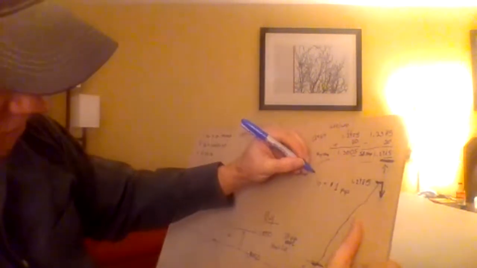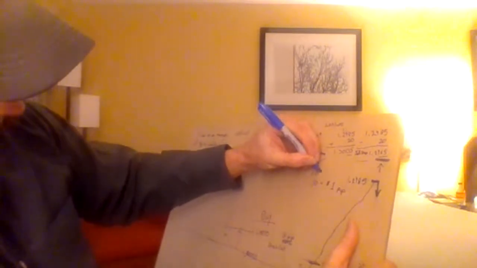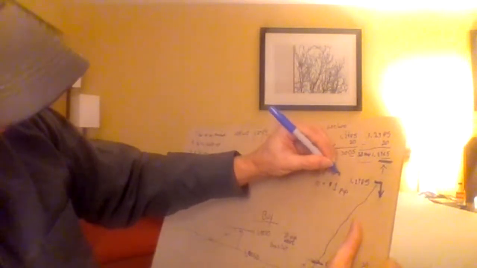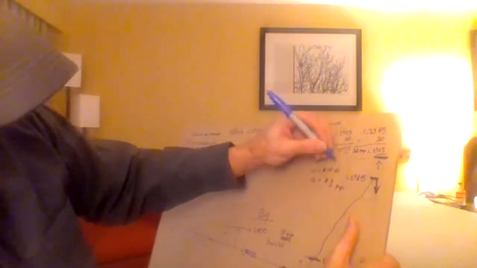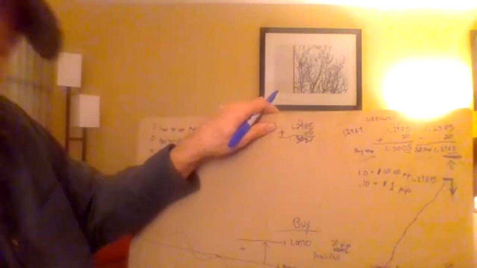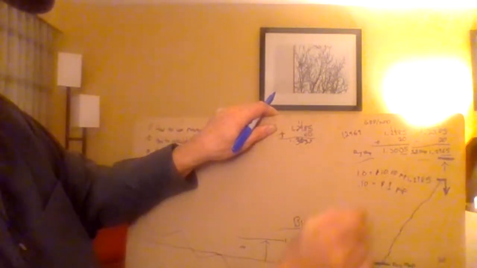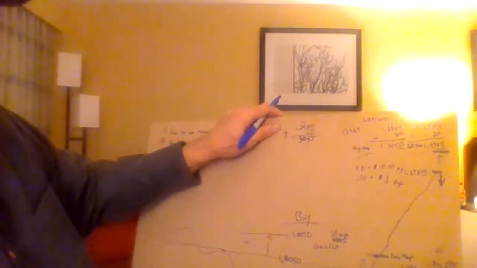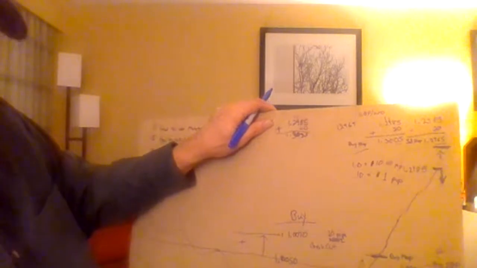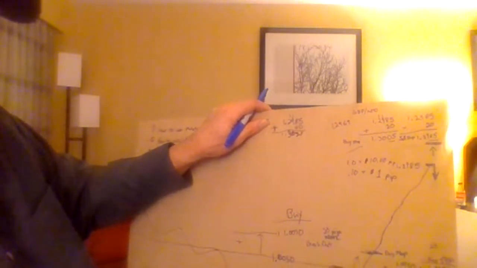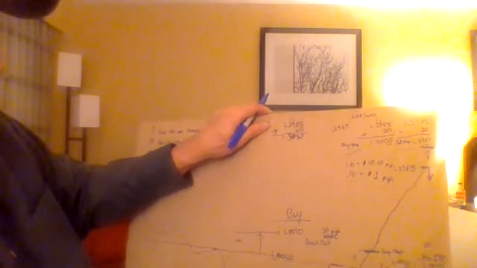Now if I did a 1.0, that equals $10 a pip. So at a 1.0, $10 a pip, that means I'm risking $400 to make $1,000.